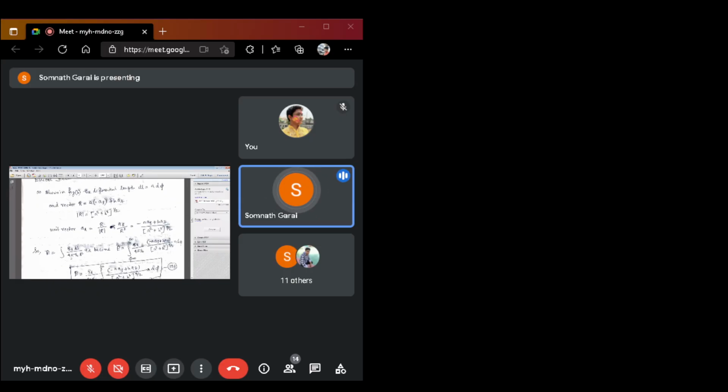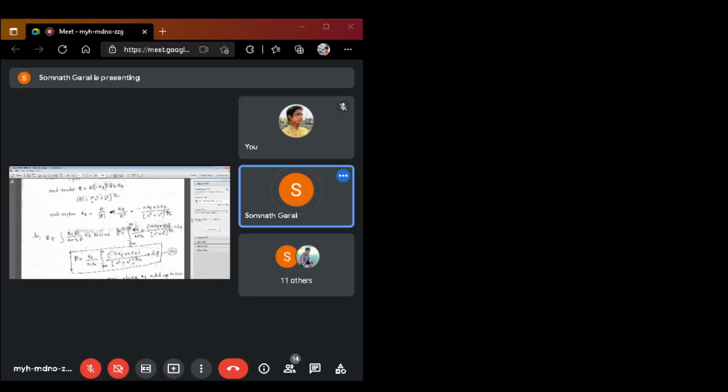So this equation E becomes E equals rho L dl divided by 4 pi epsilon naught r square ar. That becomes E equals the integration over phi equal to 0 to 2 pi of rho L over 4 pi epsilon naught, that is constant.